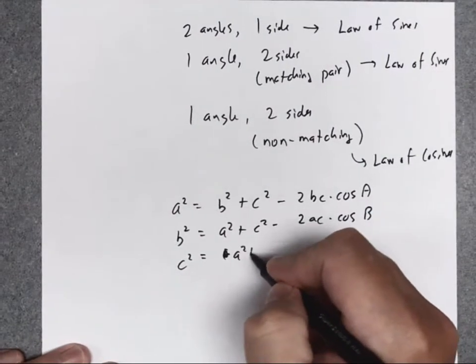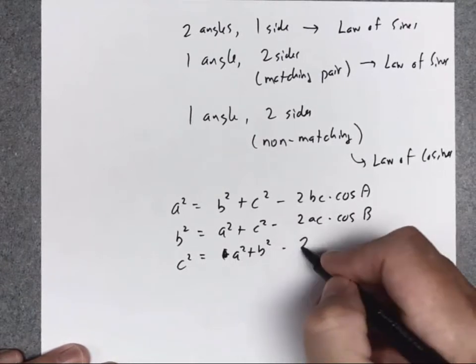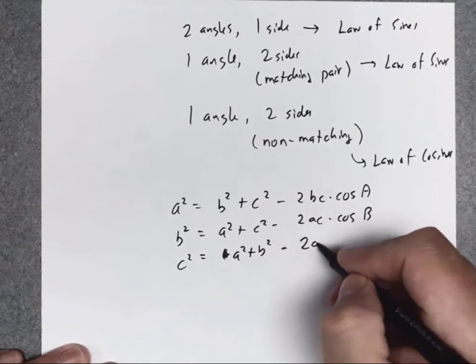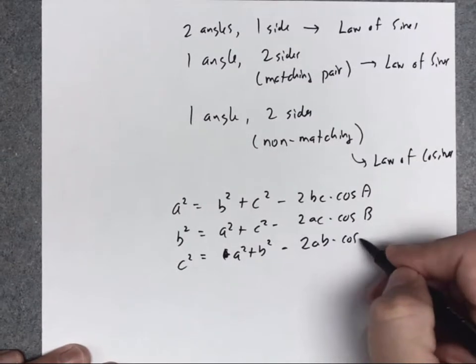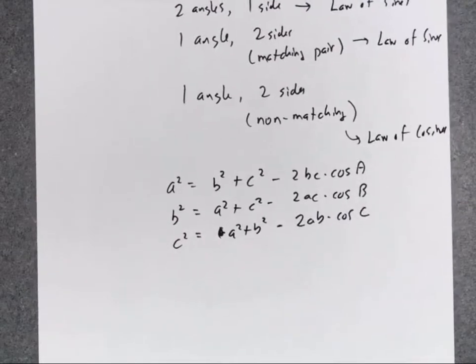So then it's A squared plus B squared minus 2AB times the cosine of C. So the three are all similar, and as you're working problems, you'll just have to determine which one of these is appropriate. It's not too difficult.